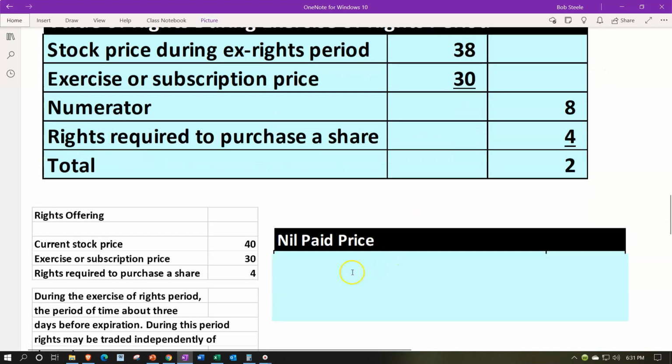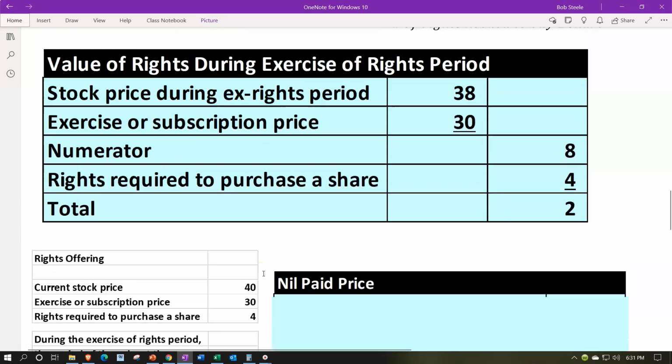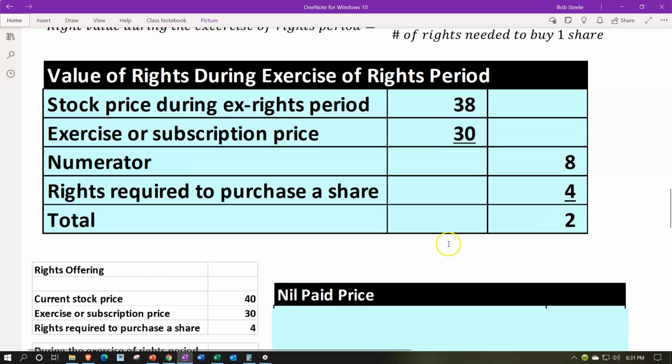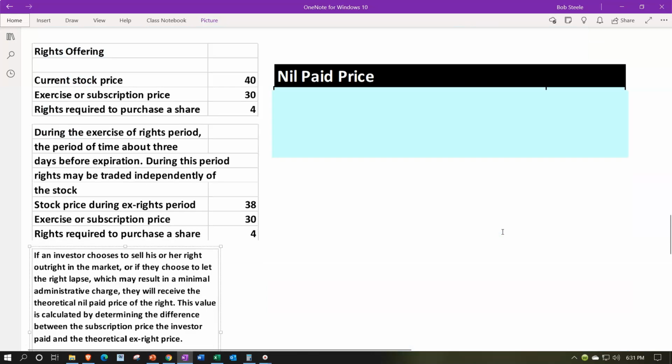At this point, if you're an existing stockholder, you can possibly acquire more stock if you have the rights to do so, at the $30. Or if you're given the rights, possibly you can sell the rights, or you can have the nil paid price. So let's go on down below.